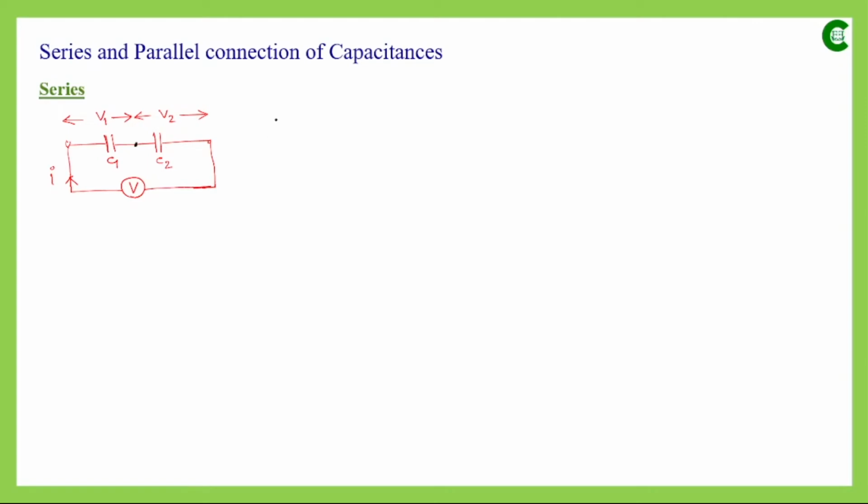Now in case of a capacitor, we know that the current I which flows through a particular capacitor is equal to C, the capacitance value of that capacitor, into dV by dt, where V is the voltage drop across that capacitor. So if we individually find out their voltage values, from here we can first express the voltage in terms of current.